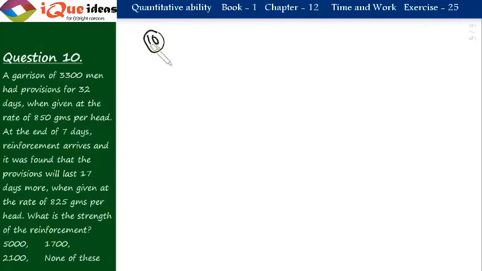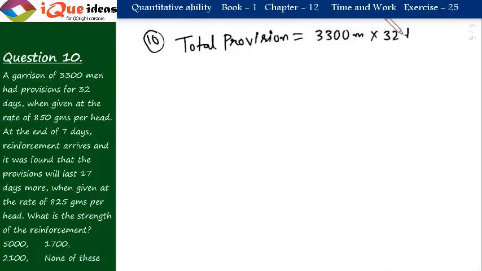Now the next question, almost similar lines. Question number 10, it says, a garrison of 3,300 men had provisions for 32 days when given at the rate of 850 grams. So instead of total work, now we'll say total provision. Now total provision available is for 3,300 men into 32 days into 850 grams per day.